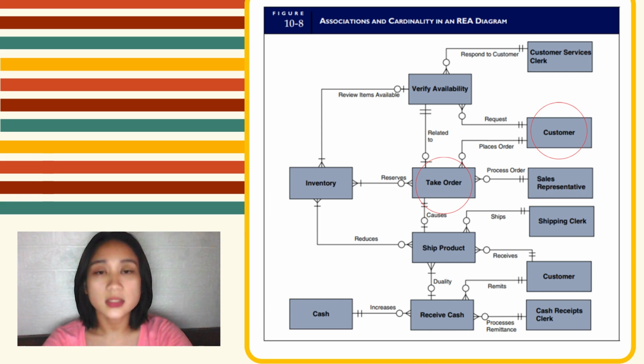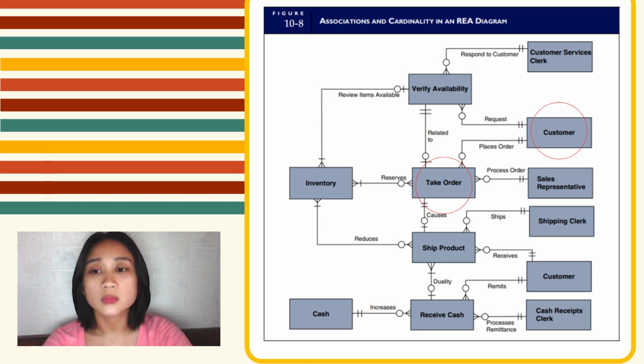Cardinality reflects the business rules that are in play for a particular organization. Sometimes the rules are the same for all organizations. Example is the normal cardinality between customer and take order. It says here that one and only one is to zero or many. This means the customer may place zero or many orders, but that order is reflected as one order only during the sales period.